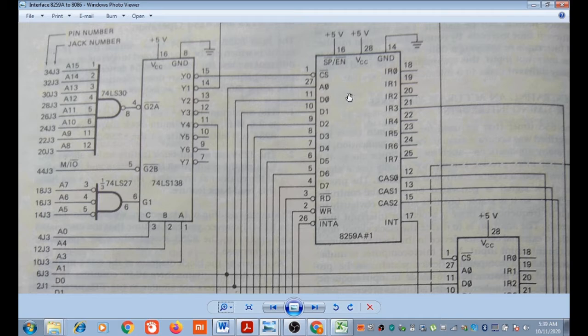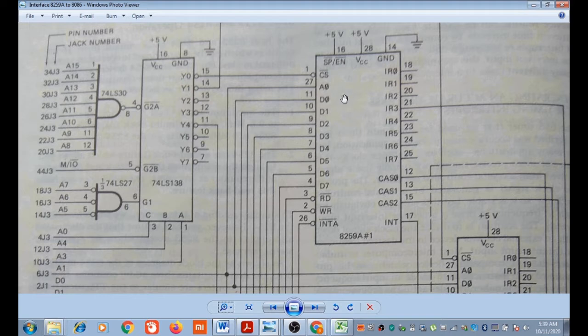Let us check for what address this 8259A, this one, will be activated. 8086 places the address on its address lines A0 to A19. Then for what values on these pins will this 8259A be selected or enabled?